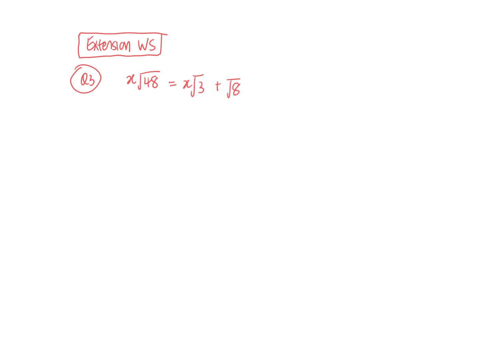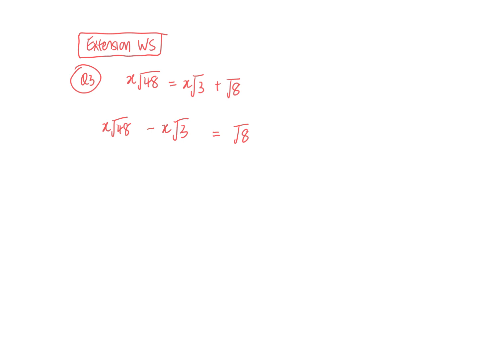If you look at the equation, you see that there are 2 terms with x. So you want to group them together because your goal is to solve for x. So I will want to group my 2 terms together first, and then leave my root 8 over there. So I ask myself, can I simplify more?